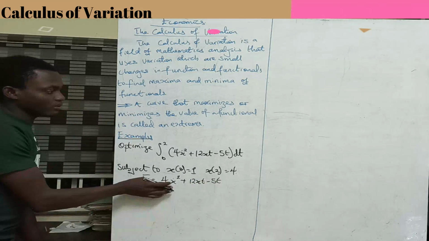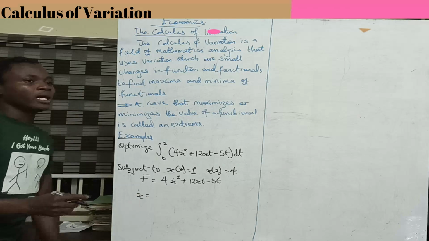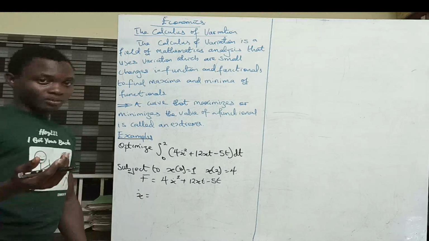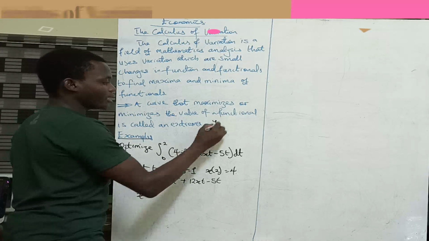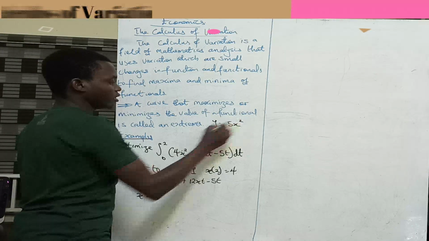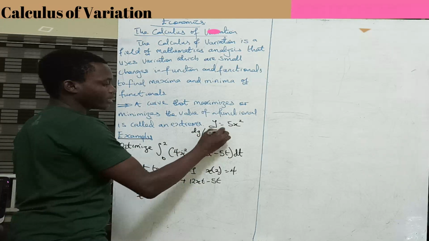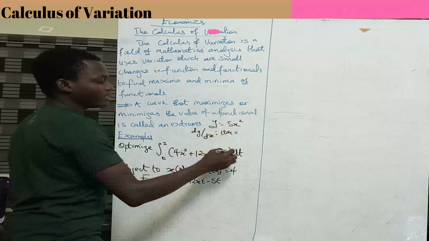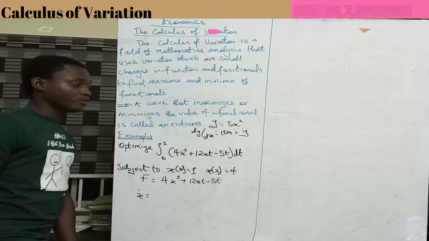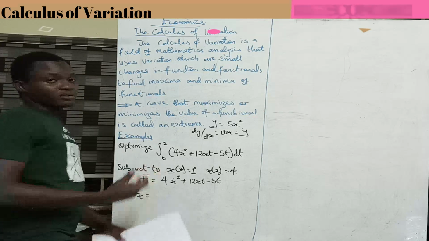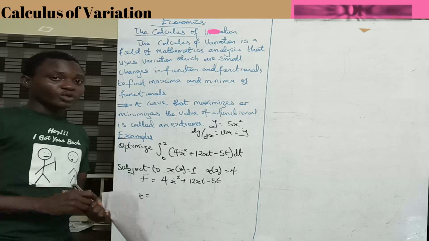Now what x dot means is actually the derivative of x with respect to something. For example, if you have y equals 5x squared, then dy/dx equals 10x. In this case, dy/dx equals 10x could be written as y dot. It's your derivative of the dependent variable with respect to an independent variable.